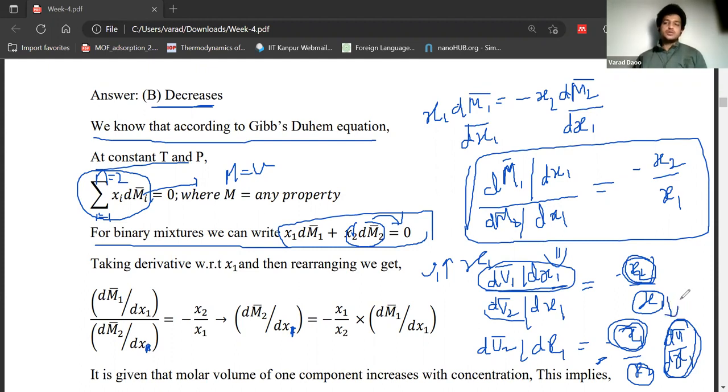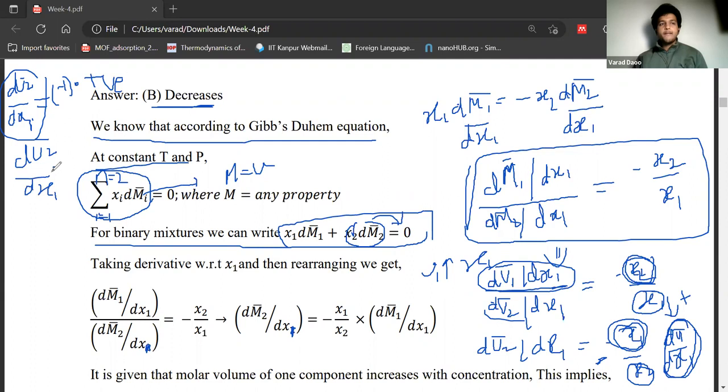That means dv2 bar by dx1 is minus 1 multiplied by a positive quantity, so it's going to be negative. That means v2 bar is going to decrease with respect to x1.